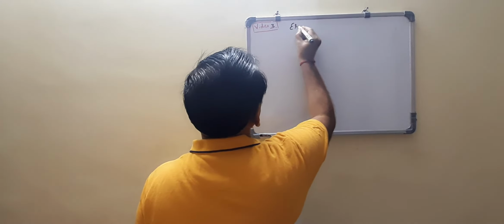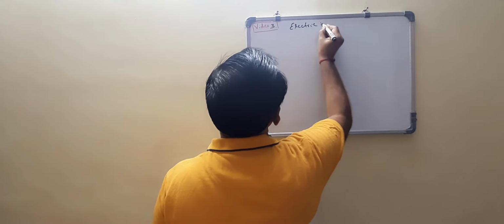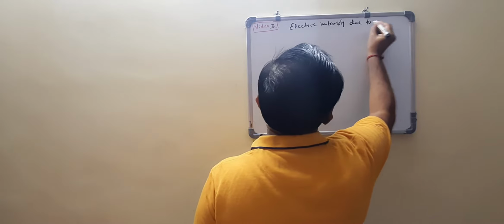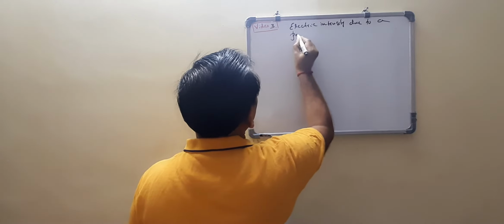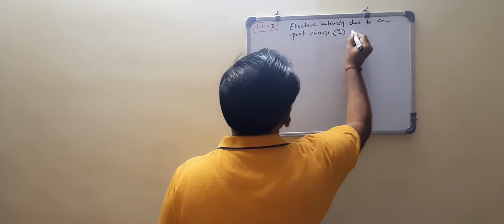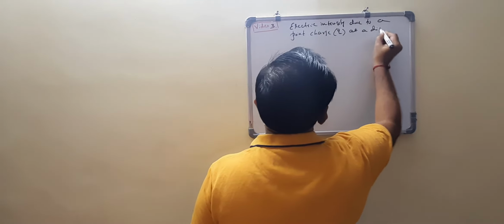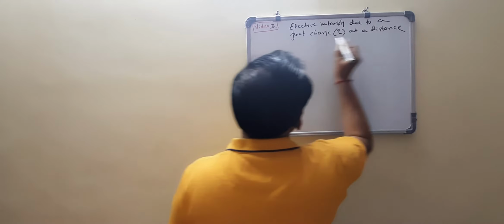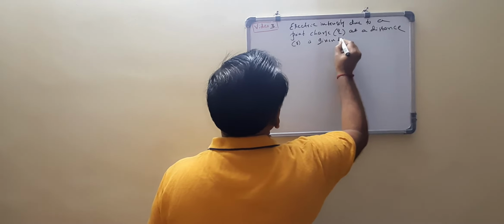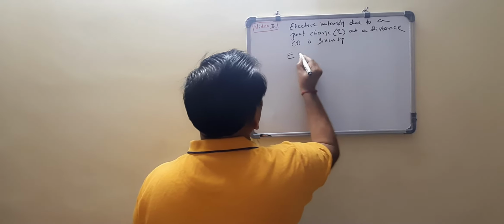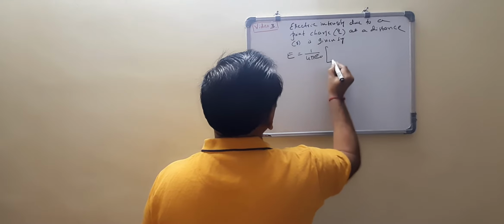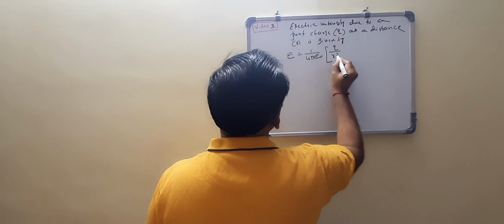Electric intensity due to a point charge Q at a distance R is given by E equal to 1 divided by 4 pi epsilon naught into Q divided by R square.